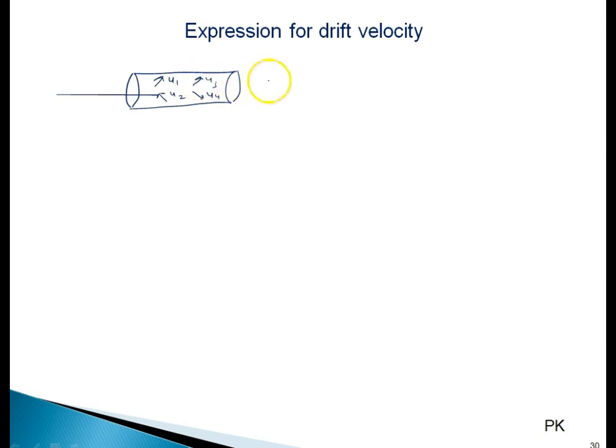As we have discussed, an individual electron has a high thermal speed, but if we calculate the average thermal speed, it is 0 due to random orientation.